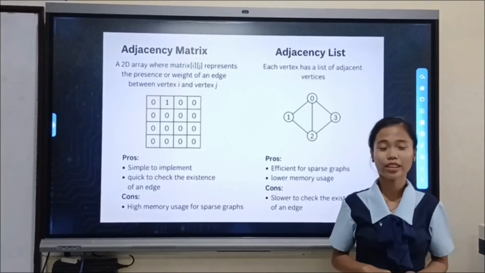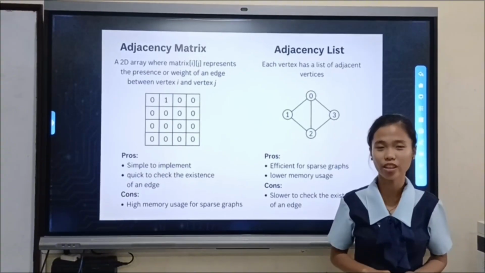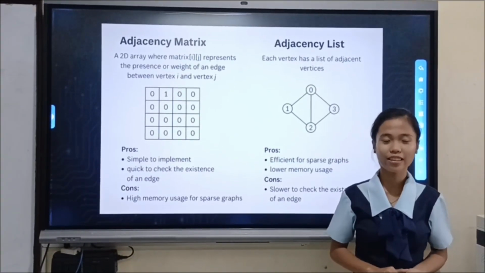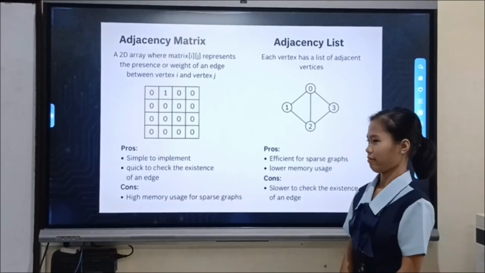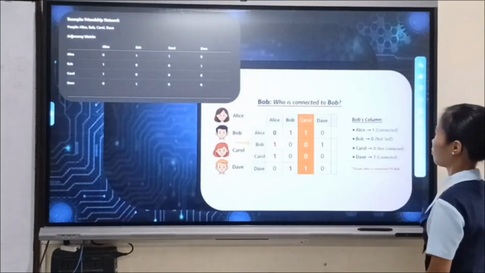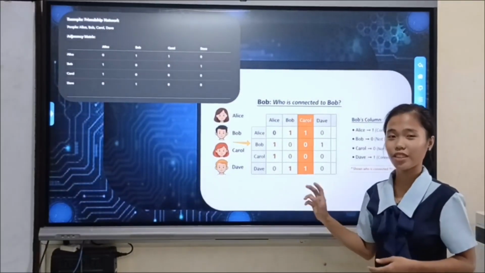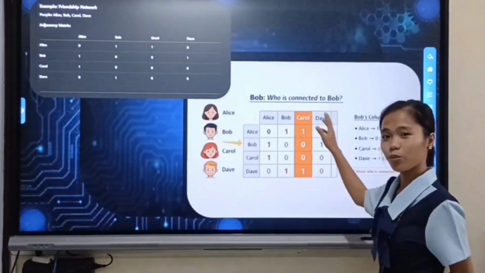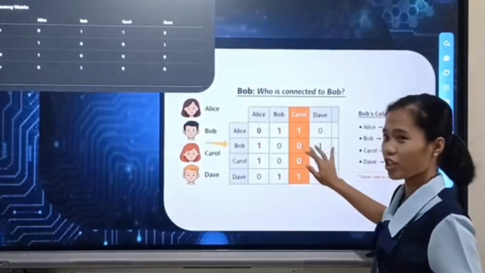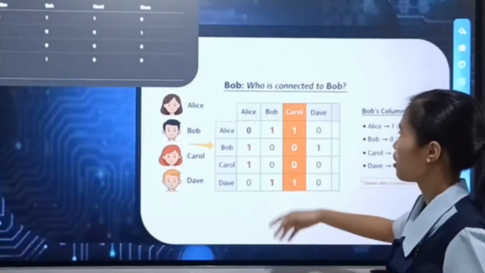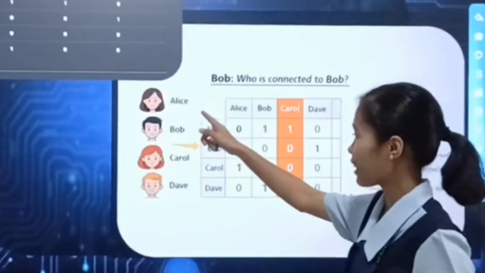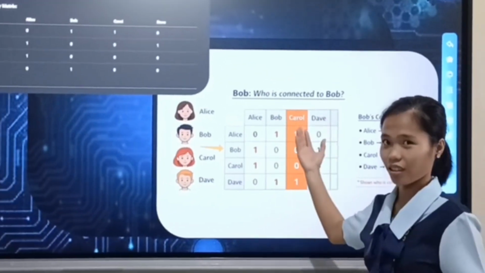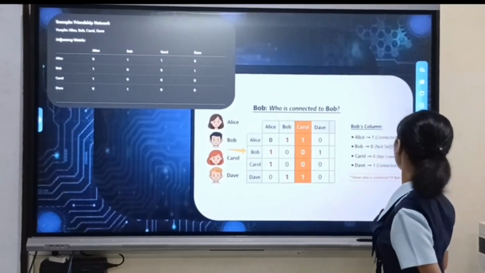And now, for clarification, we'll have a short explanation about the adjacency matrix and adjacency list. These are two examples of an adjacency matrix. Here is a column which has vertices and edges, which are the numbers. In the vertices, we have Alice, Bob, Carol, and Dave. So there is a question: who is connected to Bob?